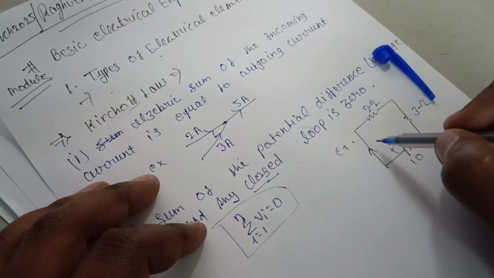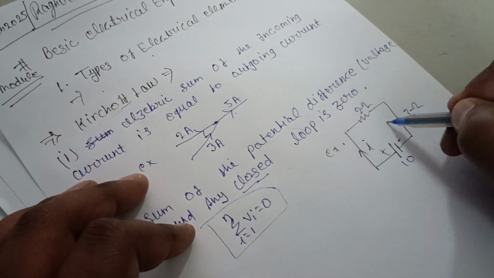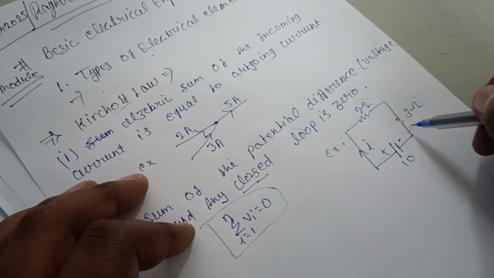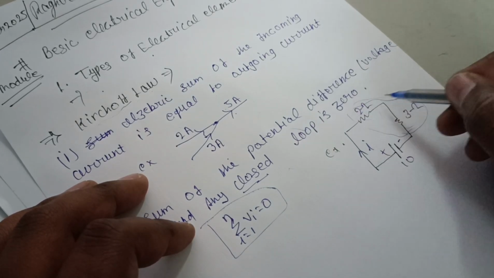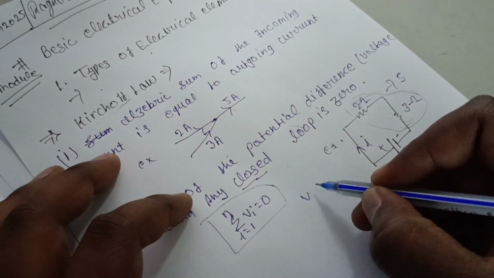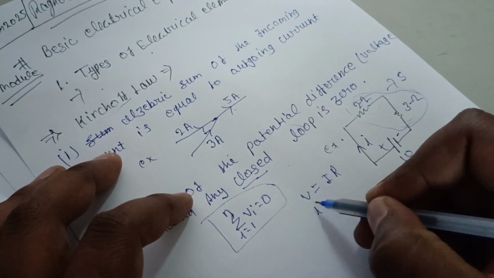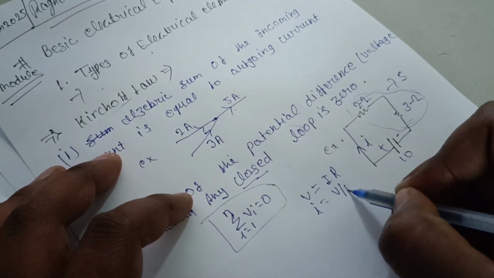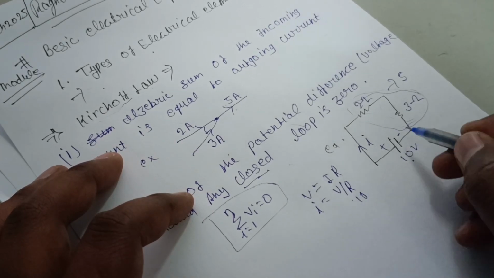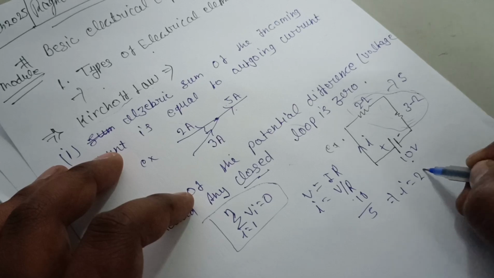We have to find the current here. As you can see, these are in series, so we can write 3 plus 2 is 5, and we know Ohm's law, V equals IR. So I equals V upon R, voltage is 10 and resistance is 5, so I equals 2 ampere.